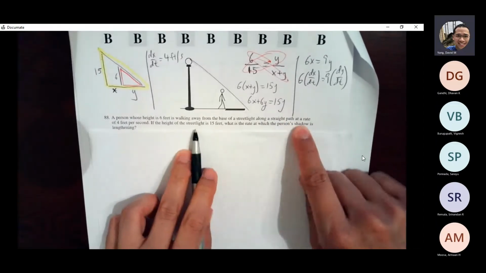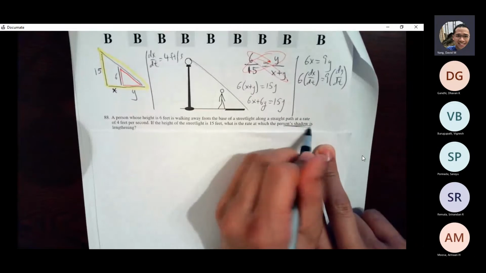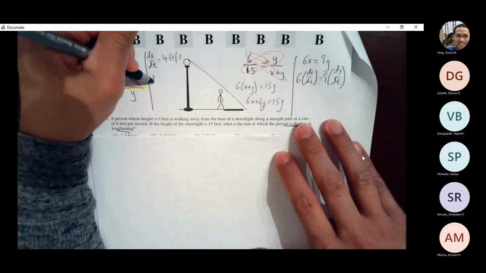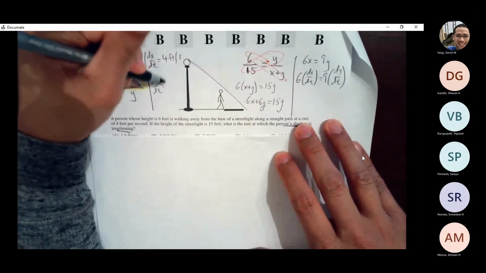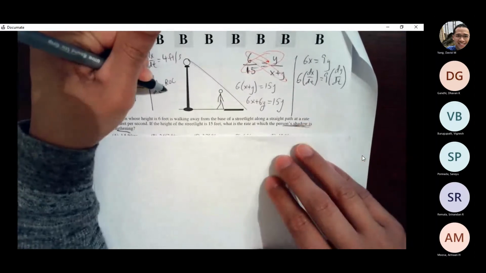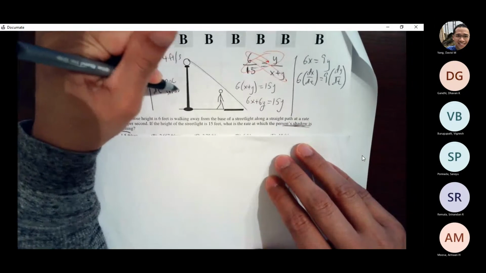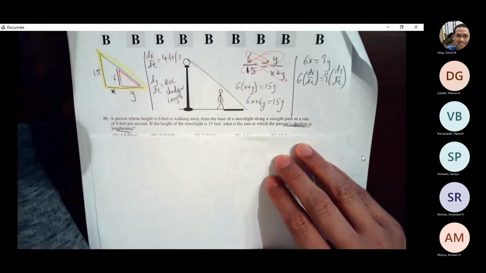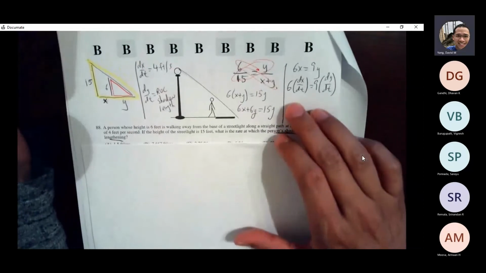And then the rate at which the person's shadow is lengthening, that's dy dt. So that's the unknown. Okay, fill that in here.